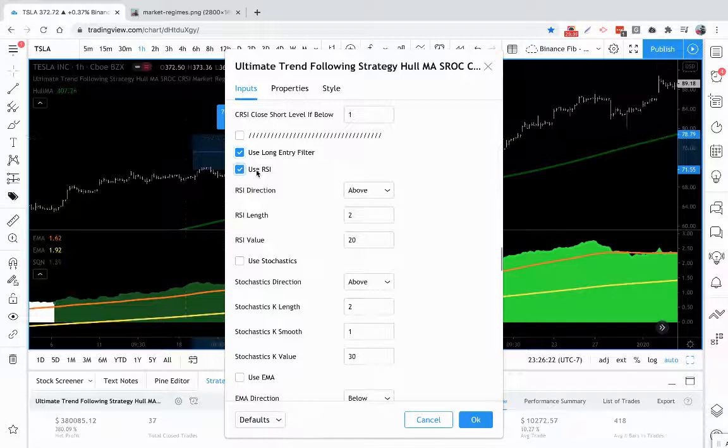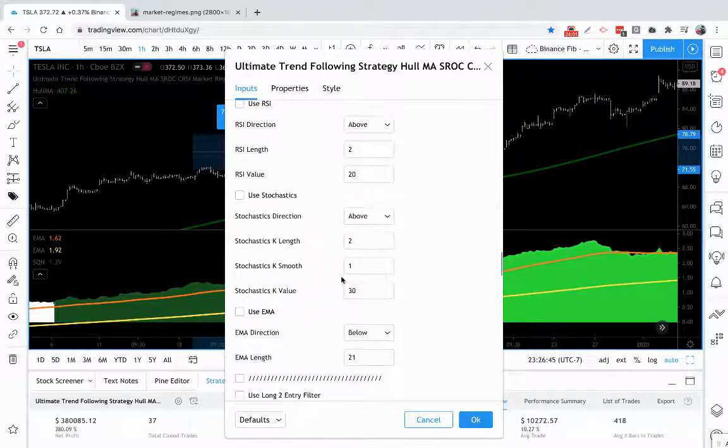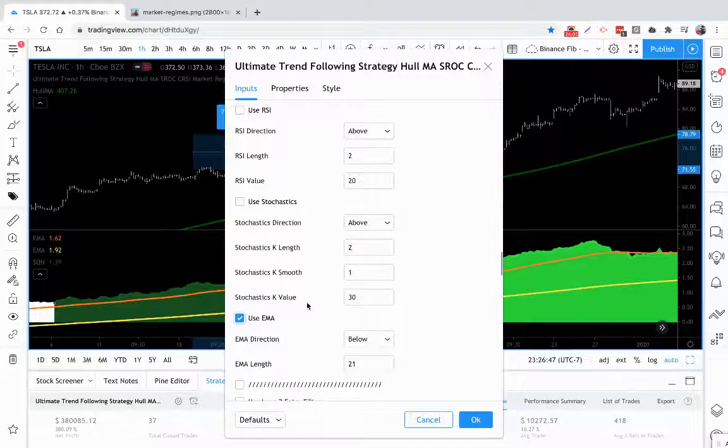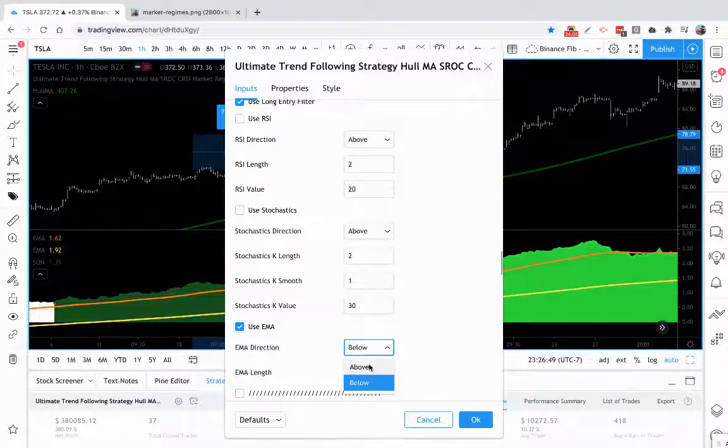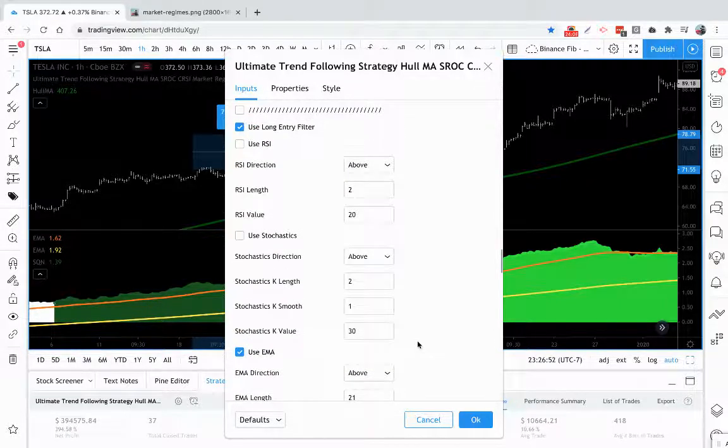And if you want to use RSI, let's say you only want to enter trades that are above RSI length of 2 with a value of 20, then you would use this as a filter for that. Same thing with your stochastics. You can use above or below on each. Or if you want to only enter trades that are above or below a certain EMA, you can do that also.